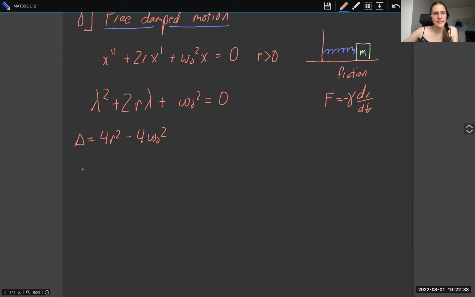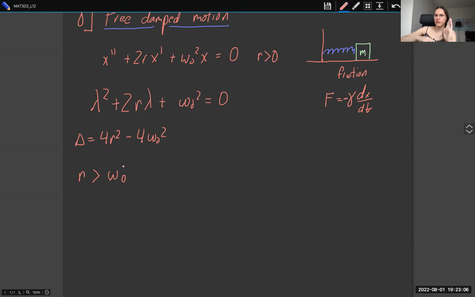We have the case that r is greater than ω₀. How you can think about this is that ω₀ is like the force of the spring, proportional to the spring coefficient. If it's a very stiff spring, then it wants to retract a lot, and the stiffer the spring is, the quicker it's going to vibrate.